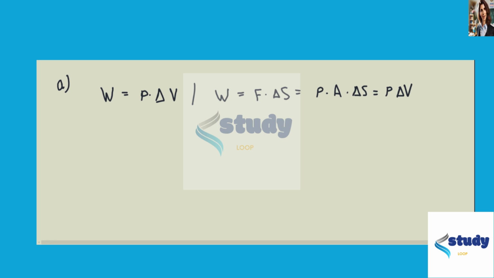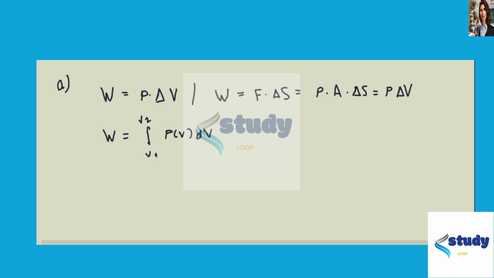If pressure is a function of volume and it's not really straightforward like this, then the more generalized expression is an integral from the initial volume to the final volume of the pressure function. And this is not going to be just delta V, it is going to be a differential, infinitesimally small volume, so it is going to be dV.